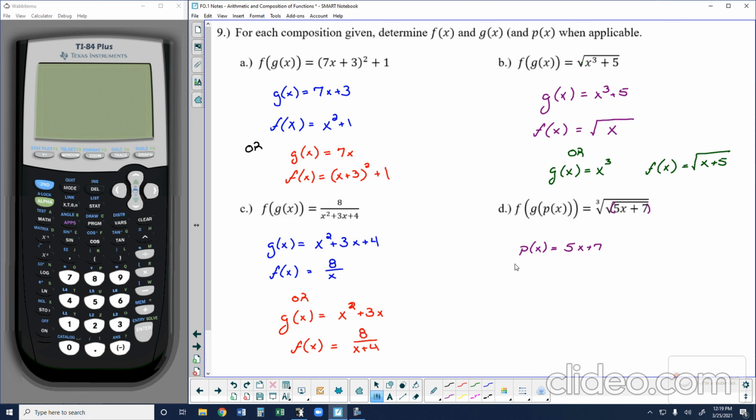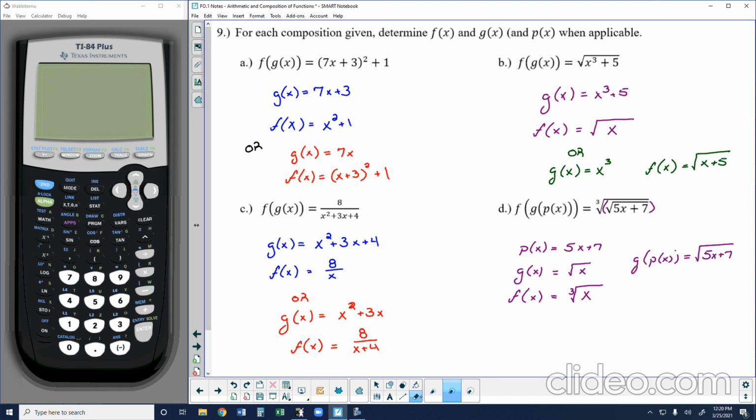Well, then if p of x is the function 5x plus 7, that function would have been substituted into this square root. So that would make g of x the square root of x. Now, if I take p of x and substitute it into g of x, this would be g of p of x, and you don't necessarily have to write this down, but that result would be 5x plus 7. So the square root of 5x plus 7 we see in this location, which means f of x would be what remains outside of the parentheses, the cube root of x.